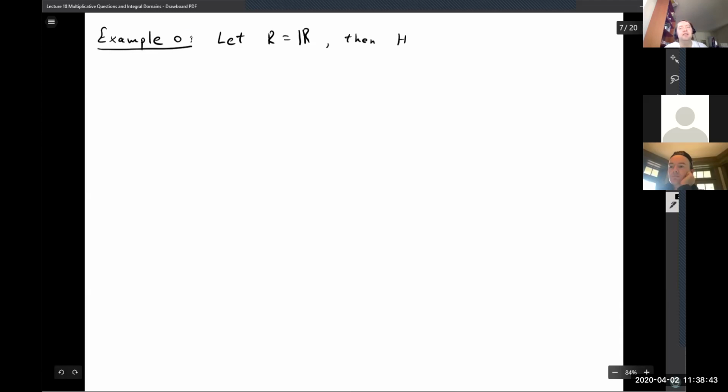Then this H generated by 1 is nothing but the ring of integers, right? Which is a subring of the real numbers. So in this case, the ring of real numbers is a ring of characteristic 0.